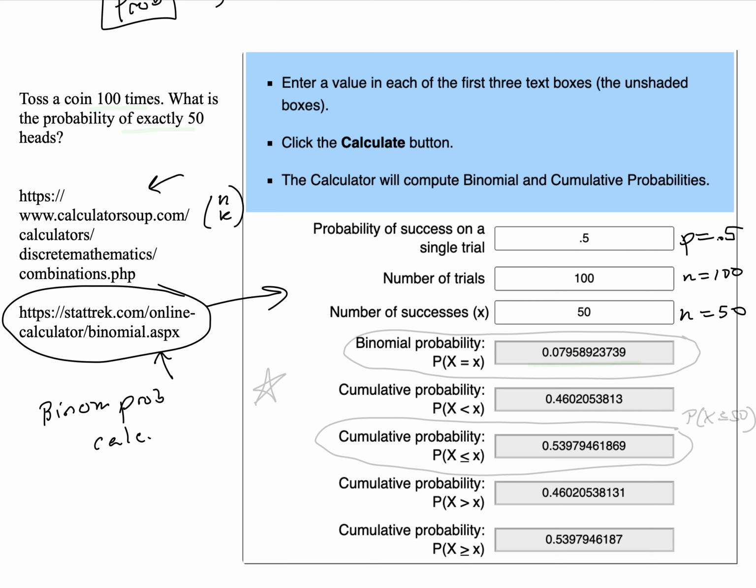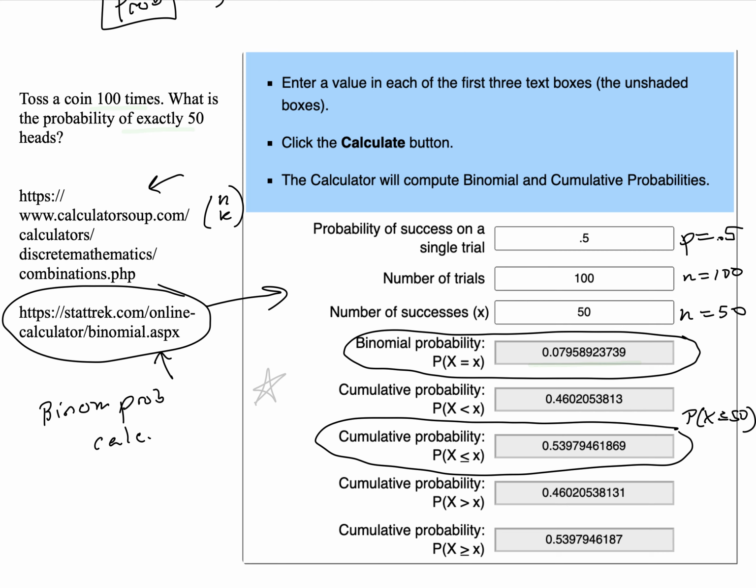So the probability of exactly 50 heads in 100 flips is 0.0795, so about an 8% chance. If we look at the cumulative probability, for example, this is the probability of 50 or fewer heads. So this is the probability that x is less than or equal to 50. That happens more than half of the time, and so on.